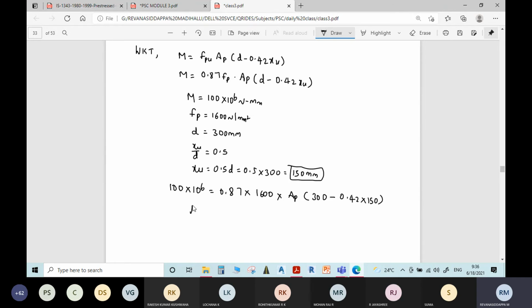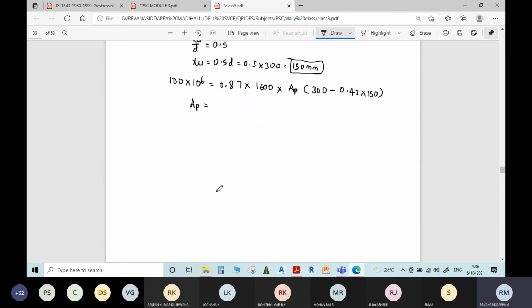By this you will get the area of pre-stressing steel required. 303.11 mm square is the area of pre-stressing steel required.